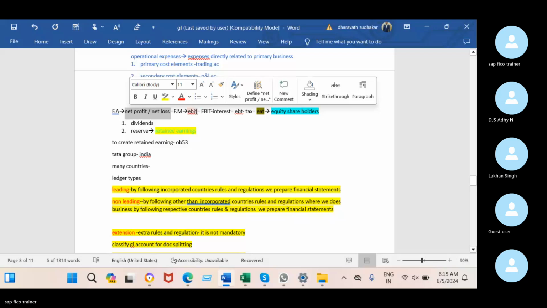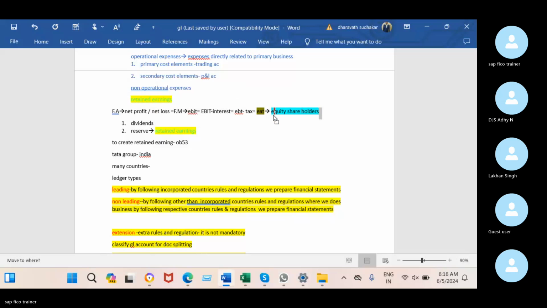From EBIT we deduct interest, and the balance is earnings before tax. From EBT, deduct tax like dividend distribution tax and all. Then we get EAT, earnings after tax. This EAT belongs to whom? Our equity shareholders.